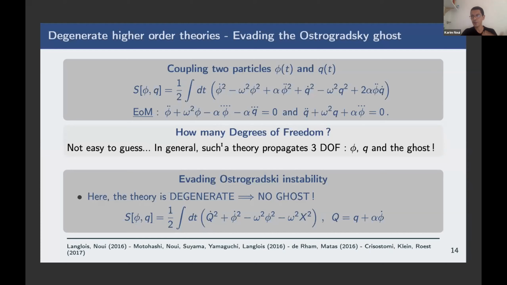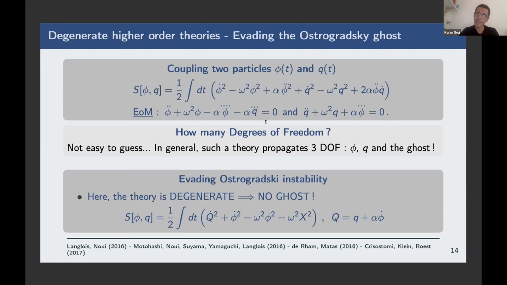But in general, you can show that this kind of theory propagates 3 degrees of freedom, the usual phi, the usual q, and an extra degree of freedom, which is the famous Ostrogradsky ghost. So in general, you recover the instability that we had previously.